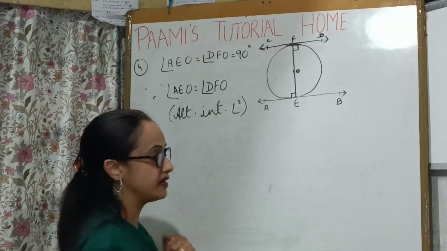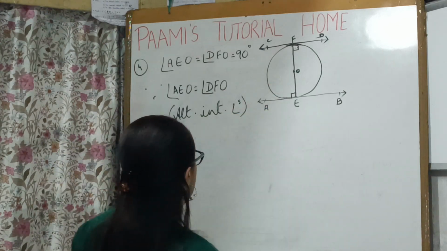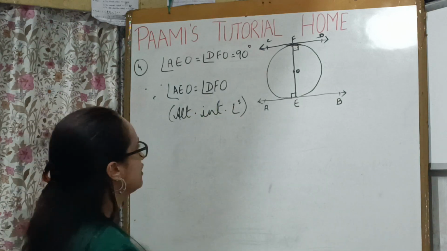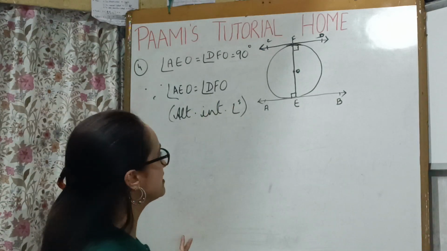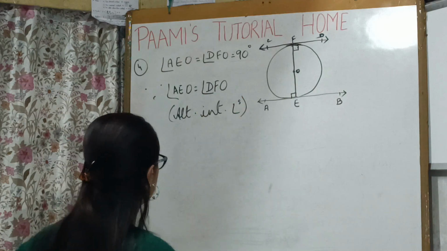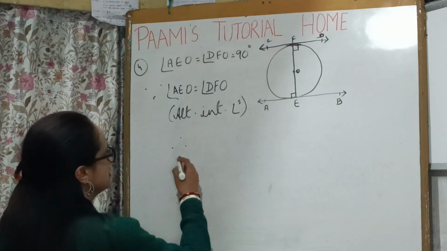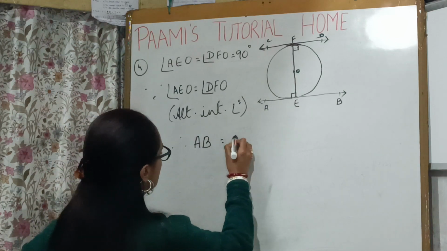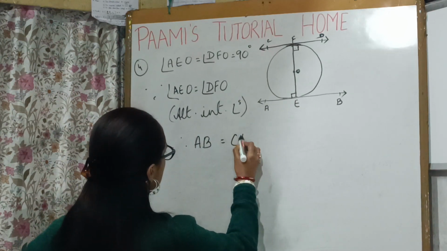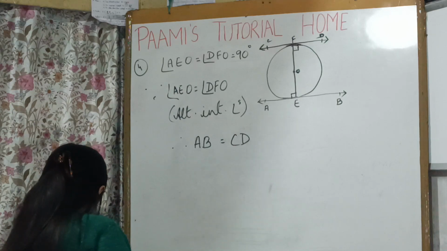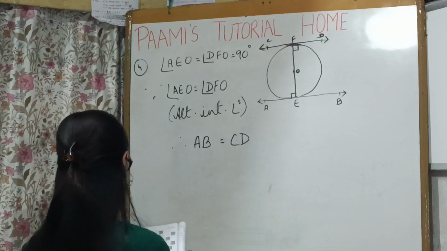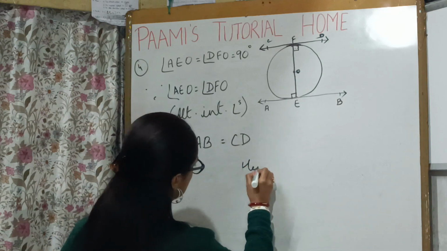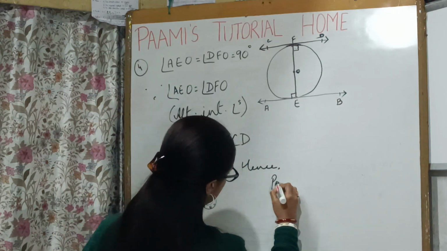We do not know it's parallel, and that's why they are equal. So as soon as this is proved that they are equal, we can directly say that the lines are parallel since it is applied here. Therefore AB is parallel to CD. That is what you have to prove. Yes, hence proved.